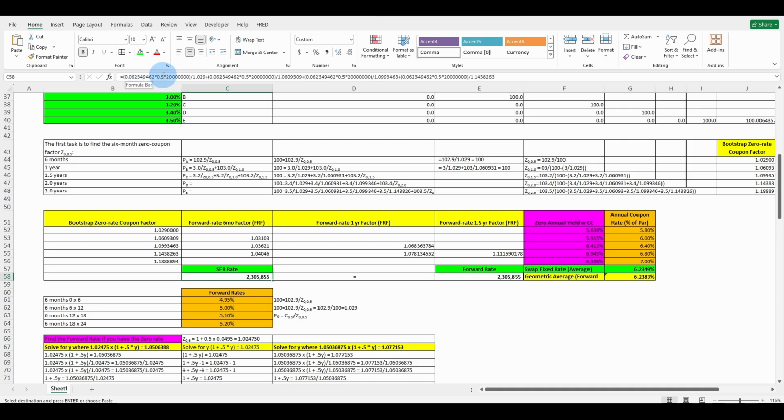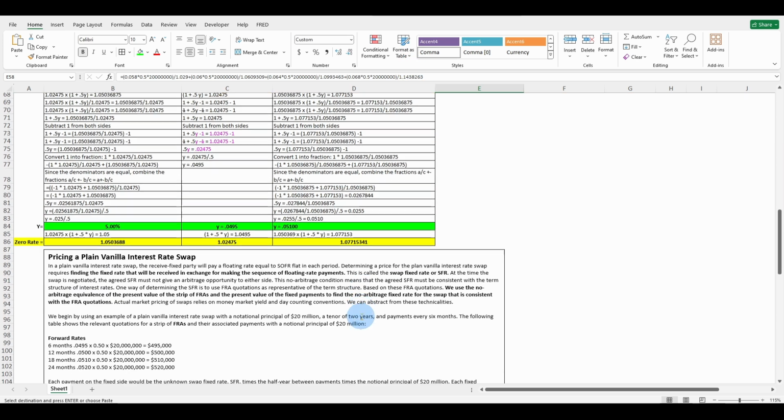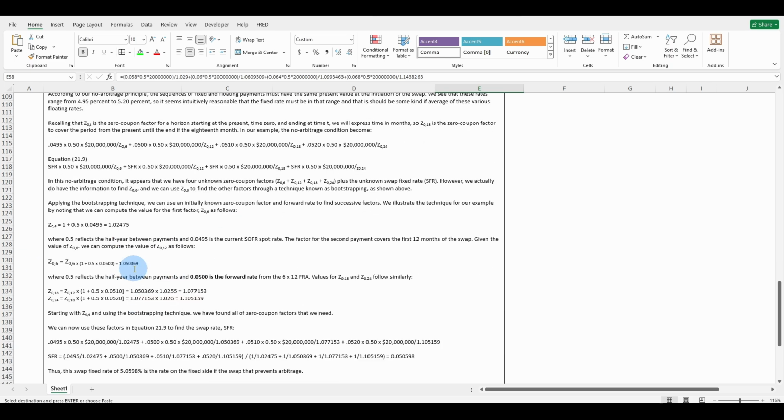So there's some discounting here, and we're going to divide this by the zero coupon, which is similar to what we're doing below. In the end, we're going to get this swap rate, and then we're going to have this forward rate where we're using the coupon, the other information. We're doing the same thing, and there's a discounting going on here, and they equate and they equal the same. So with that being said, we'll just go with this example for simplicity.